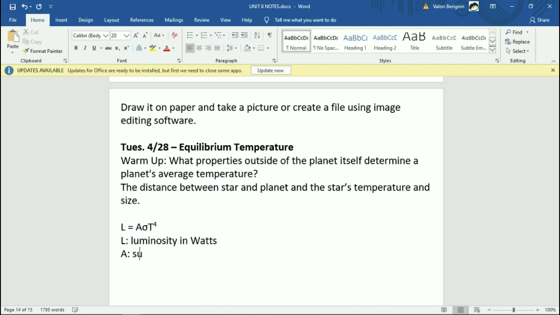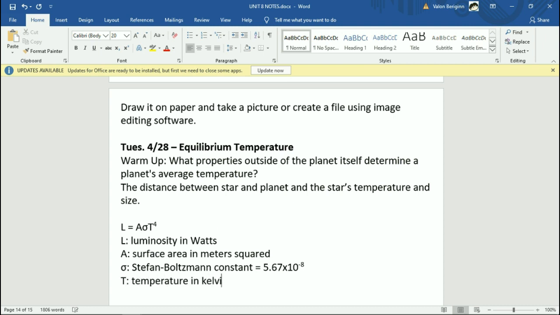A is your surface area in meters squared. Sigma is your Stefan-Boltzmann constant, which is 5.67 times 10 to the negative 8. And T is your temperature in Kelvin.